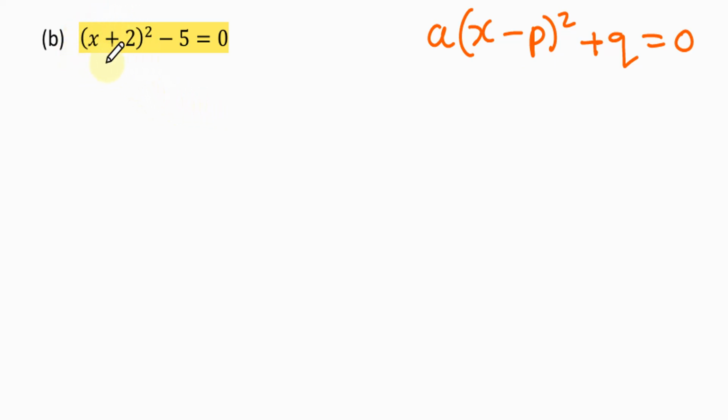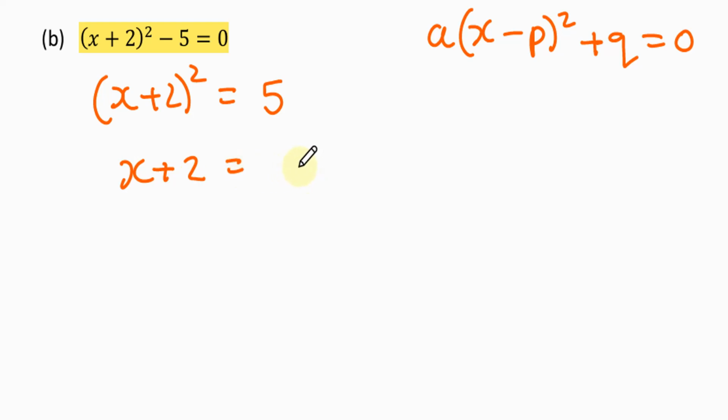So instead of squaring out the brackets and adding like terms and then solving the equation as a trinomial or a quadratic, we're going to keep the brackets and we're going to move the -5 to the right-hand side. So it becomes +5. We want to make x the subject of the formula. So to get rid of the square on the left-hand side, we can take the square root on the right-hand side. So it's going to be plus or minus the square root of 5.